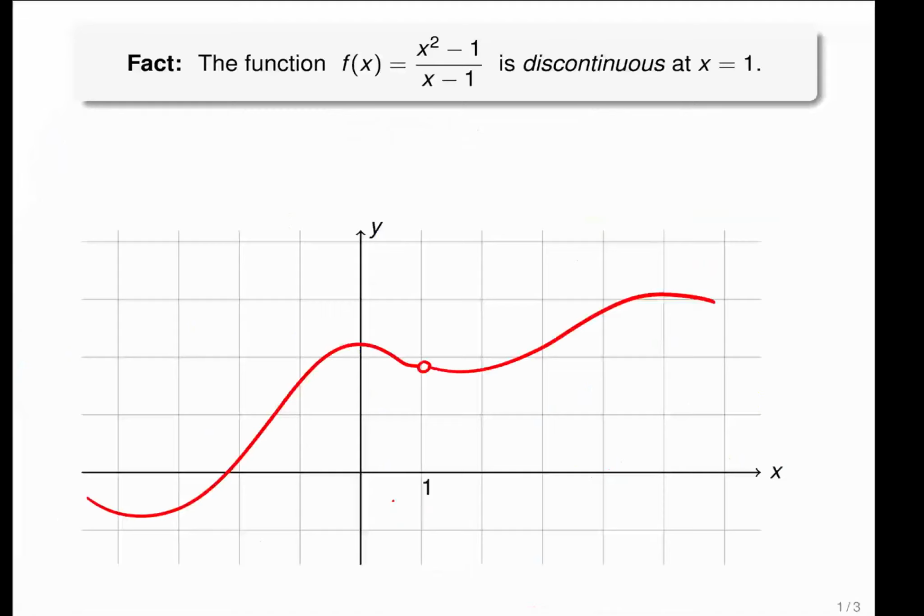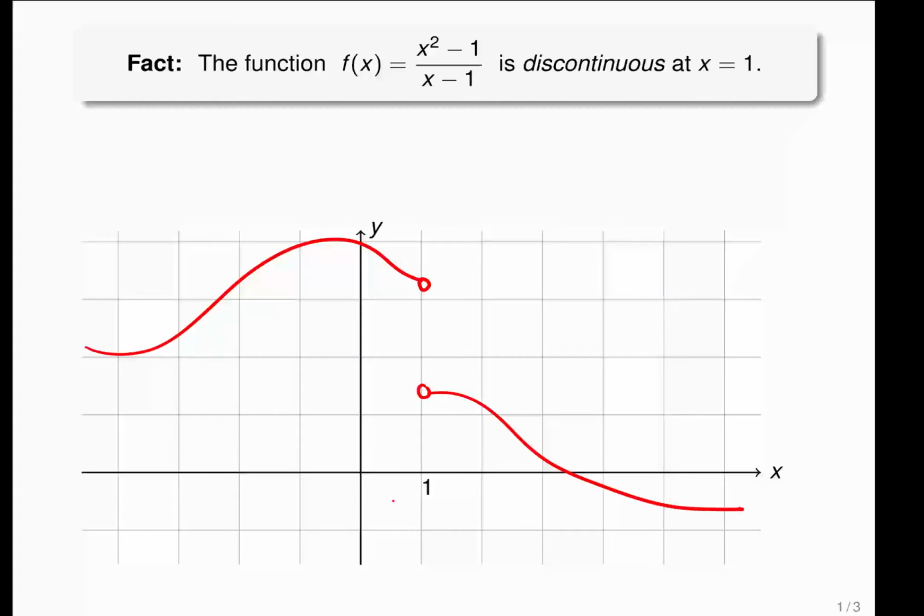Now, this calculation actually shows that the type of discontinuity at x equals 1 must be a hole. If the discontinuity was a jump instead, then the left and right limits will be different numbers, representing the fact that the curve approaches different y values depending on the direction of approach.